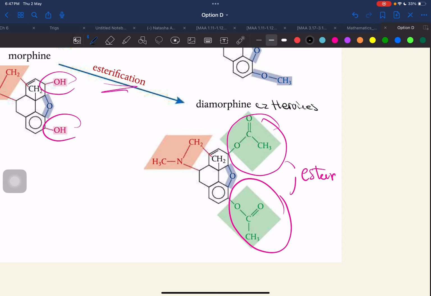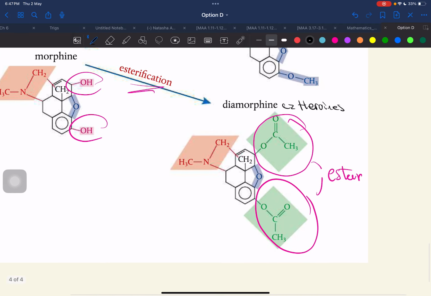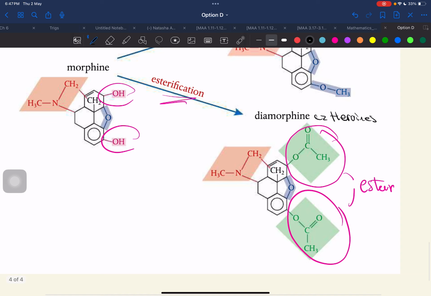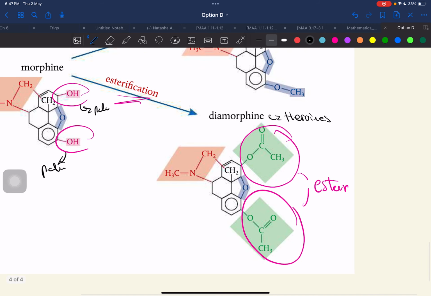So I reckon this is probably because the morphine here, these are polar. But the ester, the polarity is less, and they're more nonpolar.